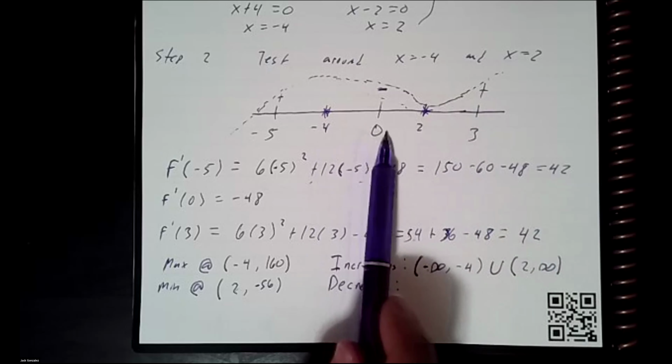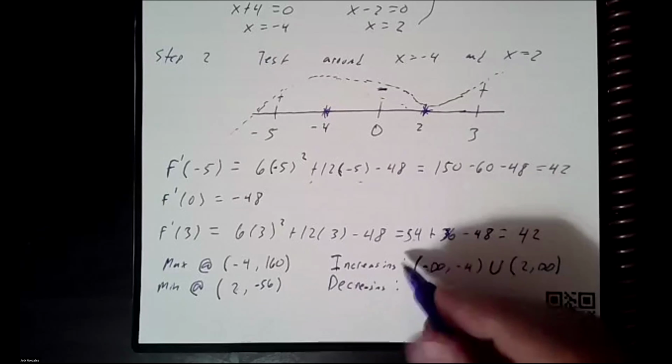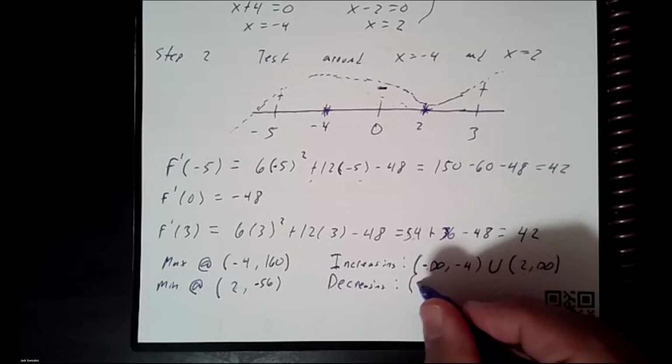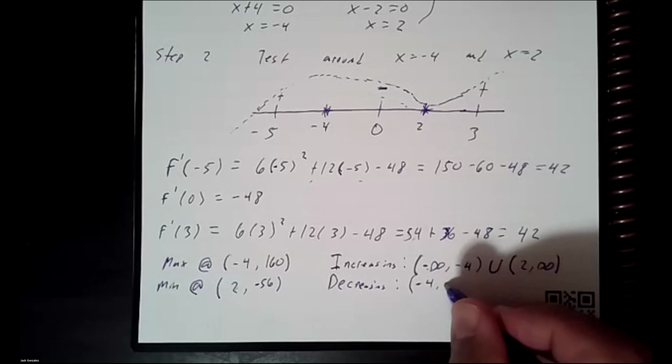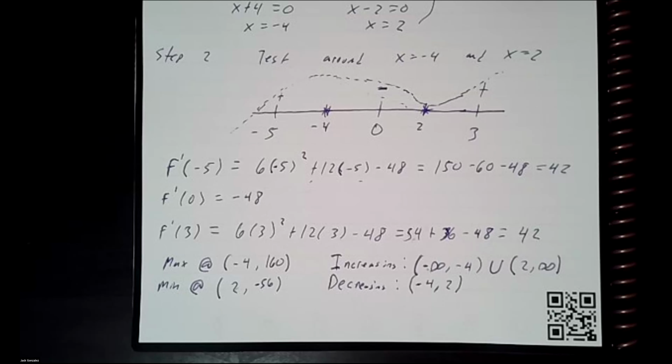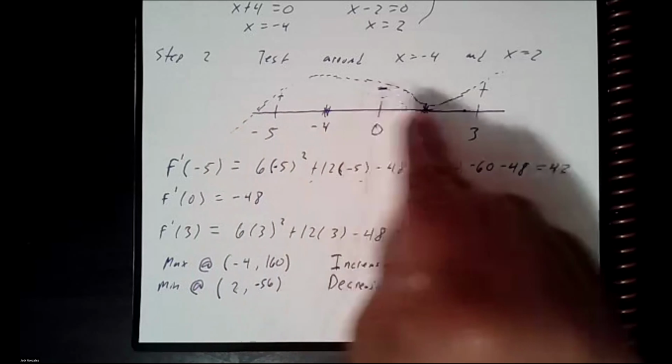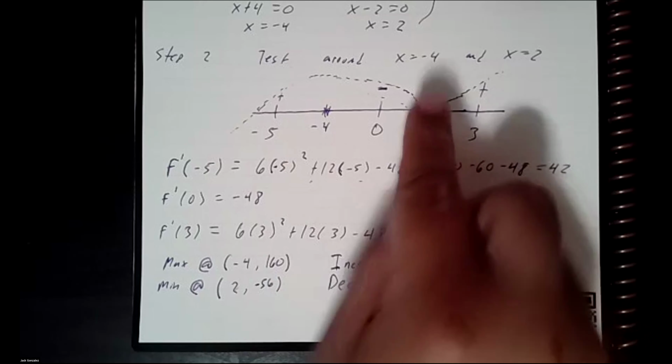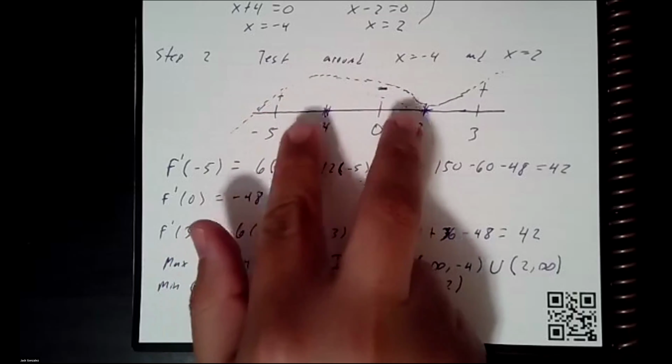Yeah, just that middle part, right? And that's it. Just that one little section. We're increasing before -4 and increasing after 2, but only decreasing in the middle.